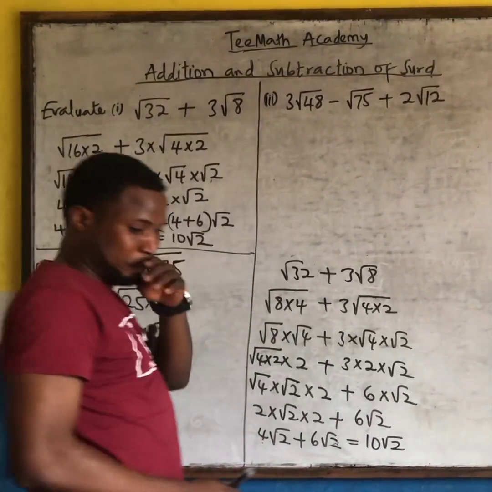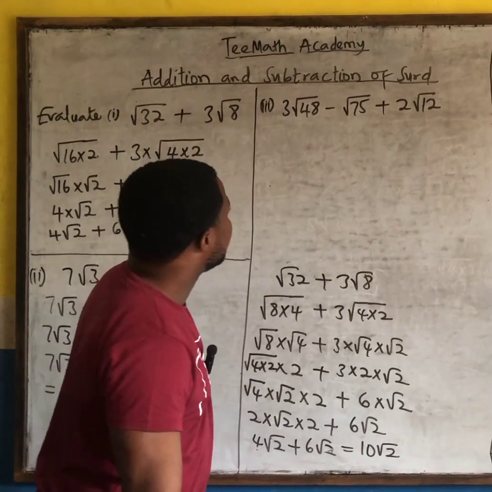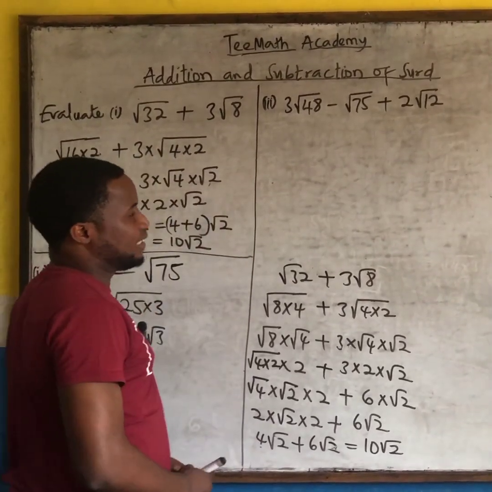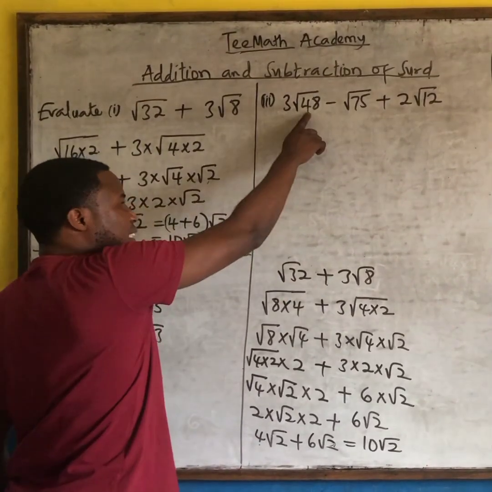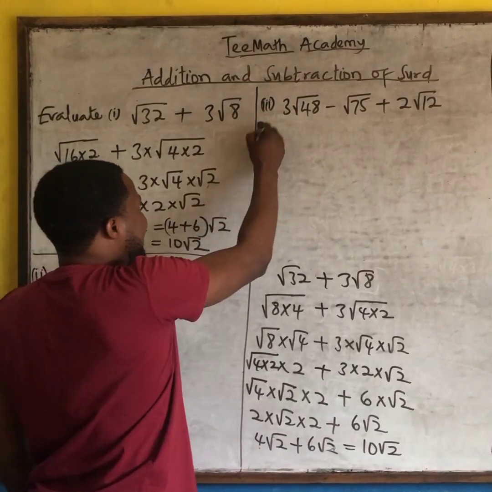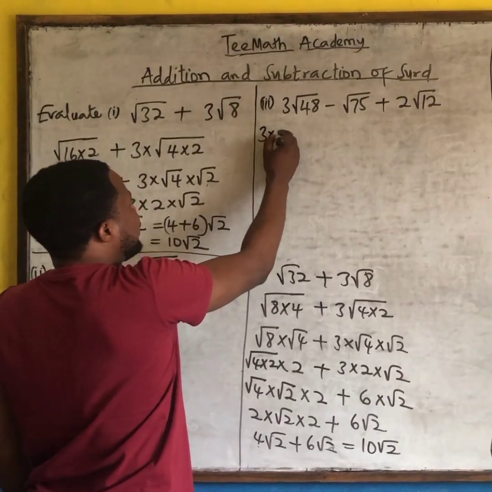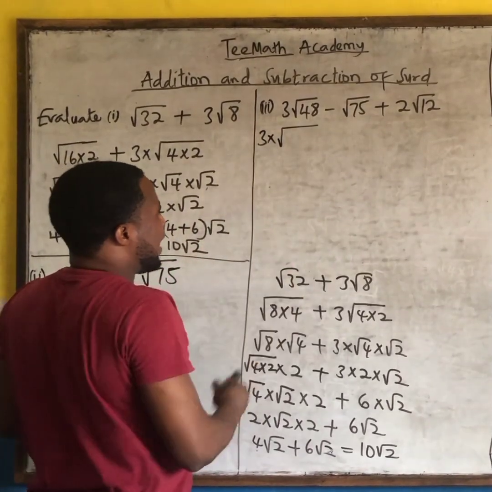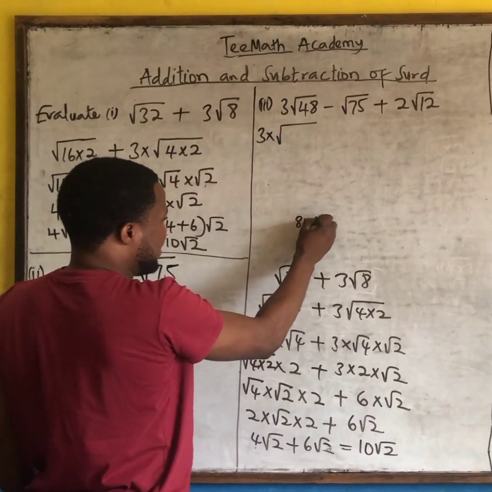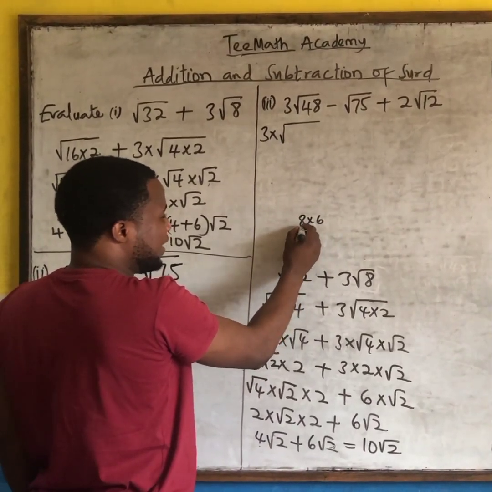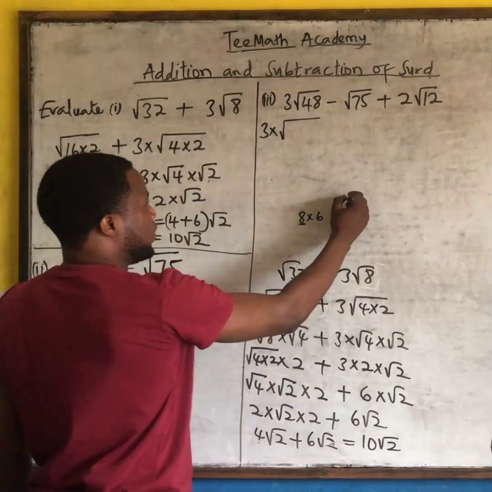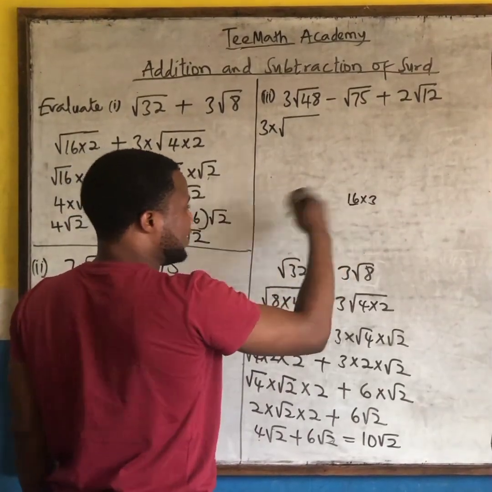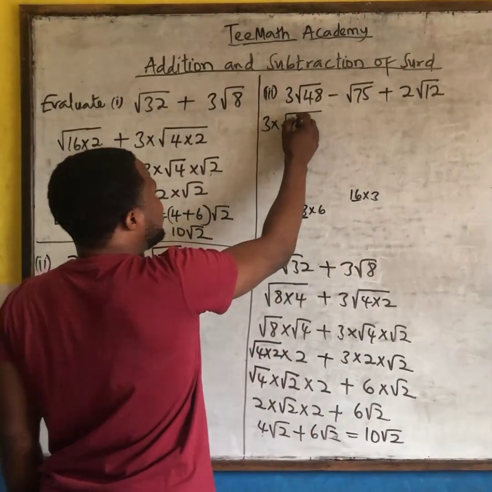Let's try this one. This one says 3 root 48. I need to break 48 down. So 3 will be outside. Then times, breaking 48 down, I can use 8 times 6. But I need to break this one down again. But if I use 16 times 3, it is direct. So let's use 16 times 3.